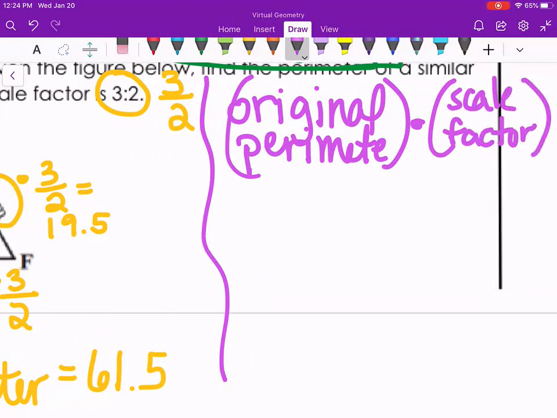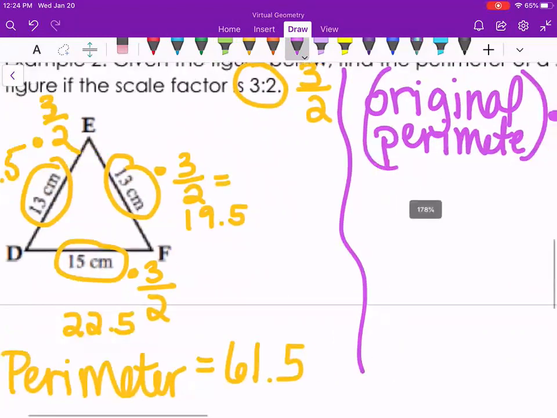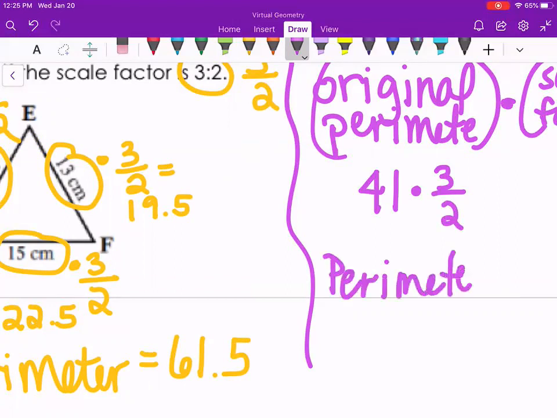So my original perimeter, when I add all 3 of these up, is 41. 13 plus 13 plus 15 is 41. Multiply your scale factor to that. So 41 times 3 over 2, or times 1.5, the same 61.5.